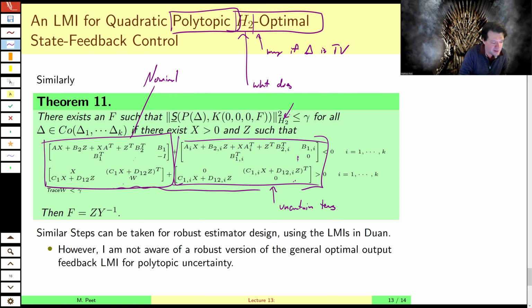Is there a transfer function whose H2 norm is that? No, because the system is time varying, and time varying systems don't have transfer functions. So again, we can wave our hands. Possibly the LQR interpretation of H2 would still hold.